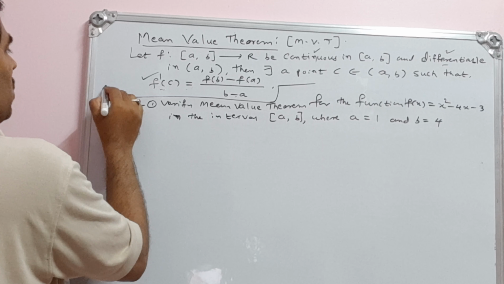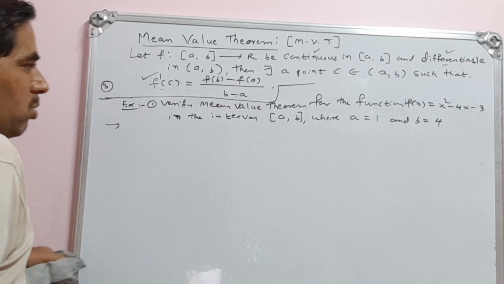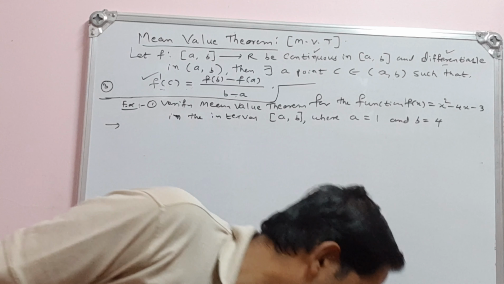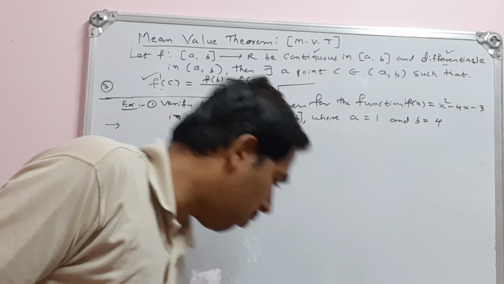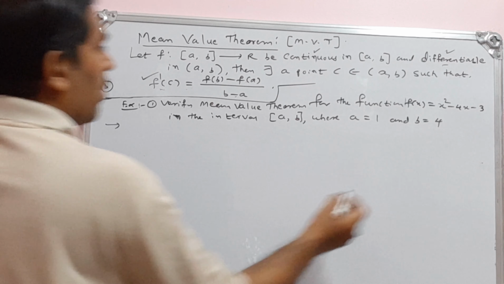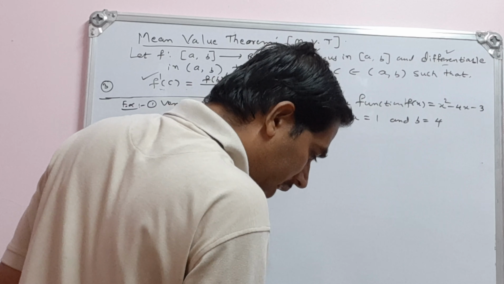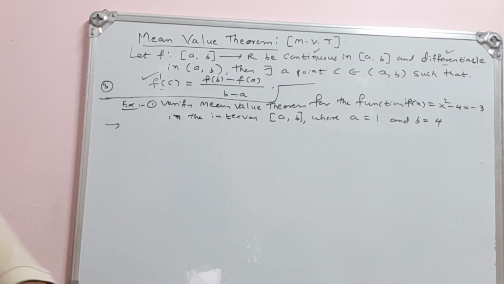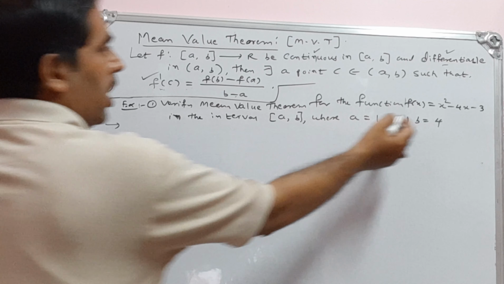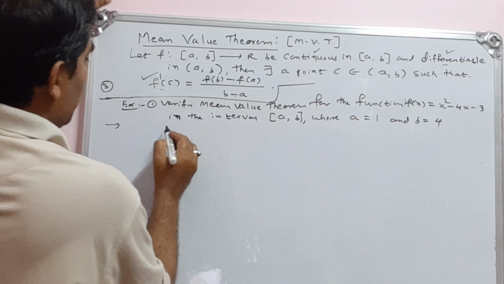This problem is also considered as a 3 marks question, or you can expect it for 2 marks. So a is equal to 1 and b is equal to 4. The function is x square minus 4x minus 3. So verify the mean value theorem. As usual, we have to write these 2 points, continuous and differentiable.